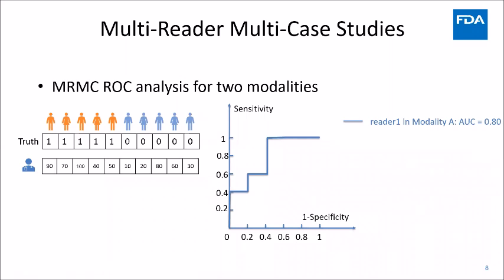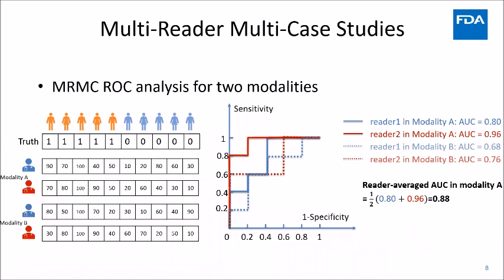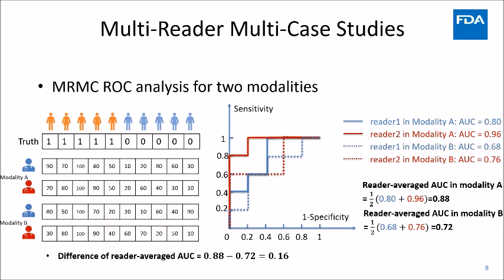For multiple readers, we will use the reader average AUC to limit the effect caused by the reader variability. To compare among different modalities, the primary endpoint would be the difference of reader average AUC among those different modalities.